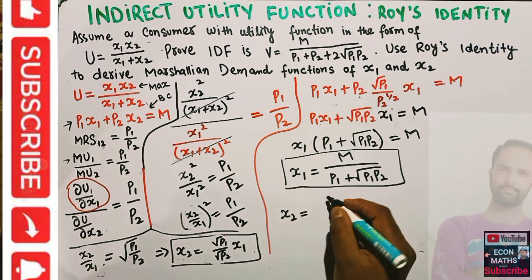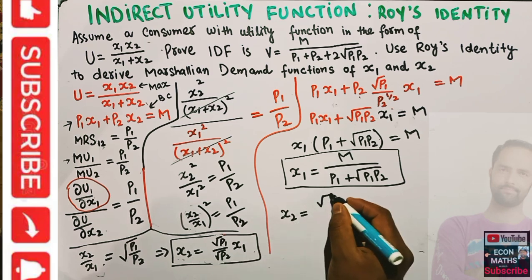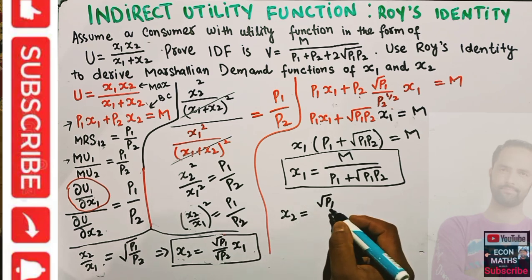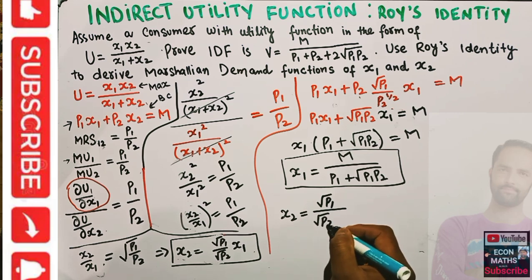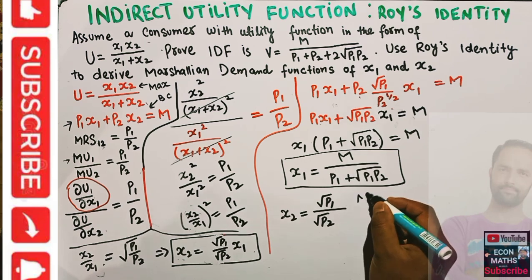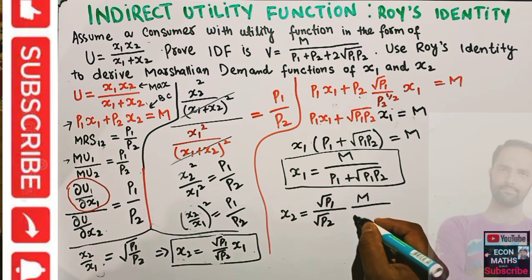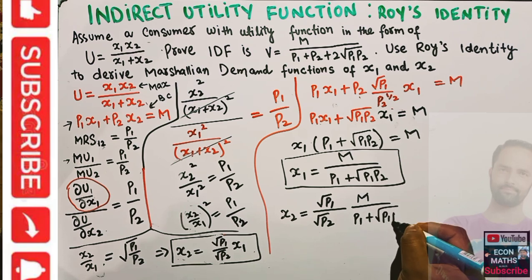Okay, so I can write it like this. So x2 is equal to under root p1 upon under root p2, and x1 which we got here, which is equal to m upon p1 plus under root p1 p2.